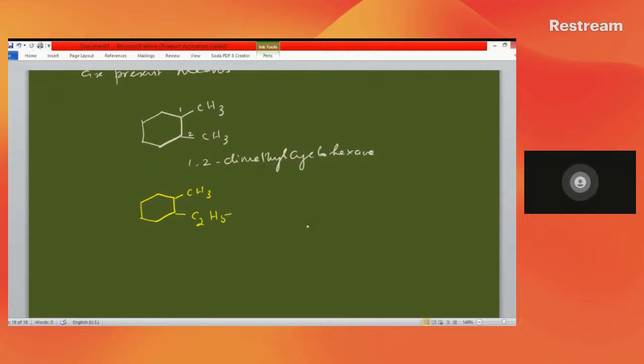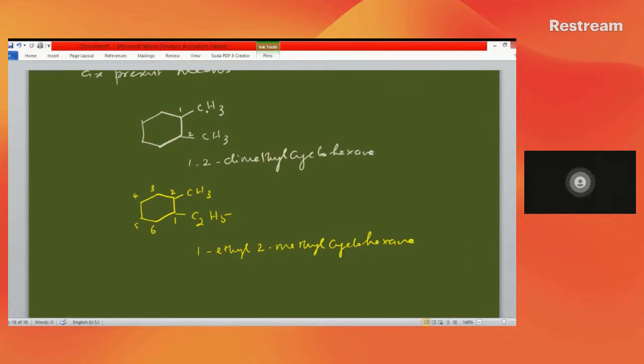And we must give preference to this ethyl. That should be counted as number 1. This is number 2, 3, 4, 5, 6. So the compound's name is 1-ethyl-2-methylcyclohexane. That's the IUPAC name of this compound.